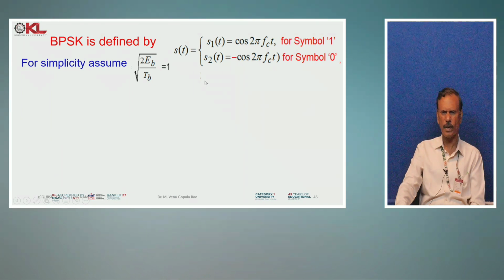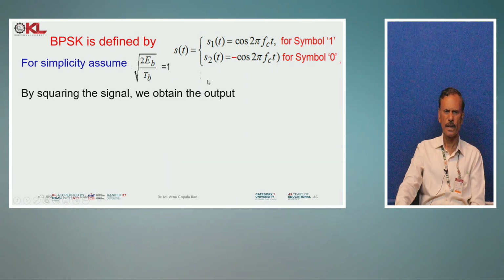In the first step, we pass it through a band pass filter, so that the same signal is received again. Then comes the squaring process. What is happening by squaring? If you take the square of s1(t) or s2(t), it is simply cos squared or minus cos squared.